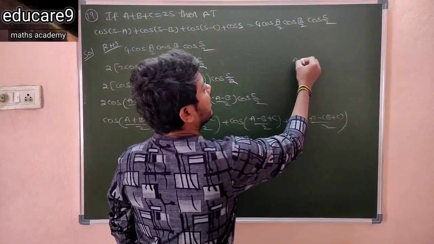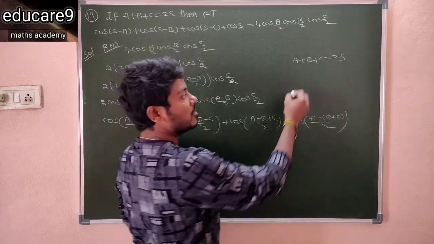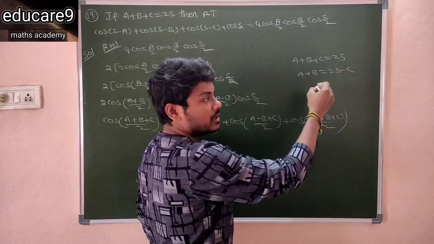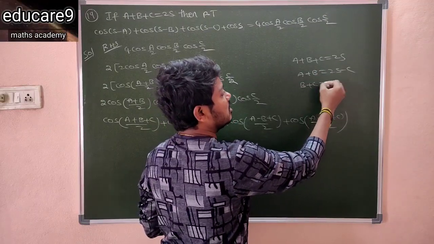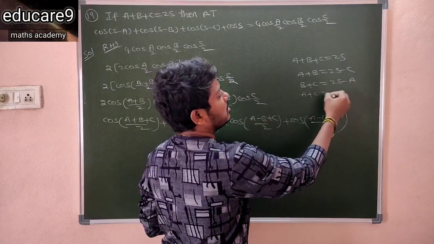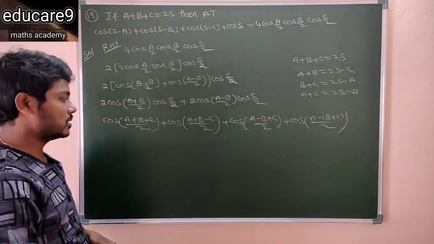Now given a plus b plus c is equals to 2s. From this a plus b is equals to 2s minus c, and b plus c is equals to 2s minus a, and a plus c is equals to 2s minus b. So you have to substitute these values.